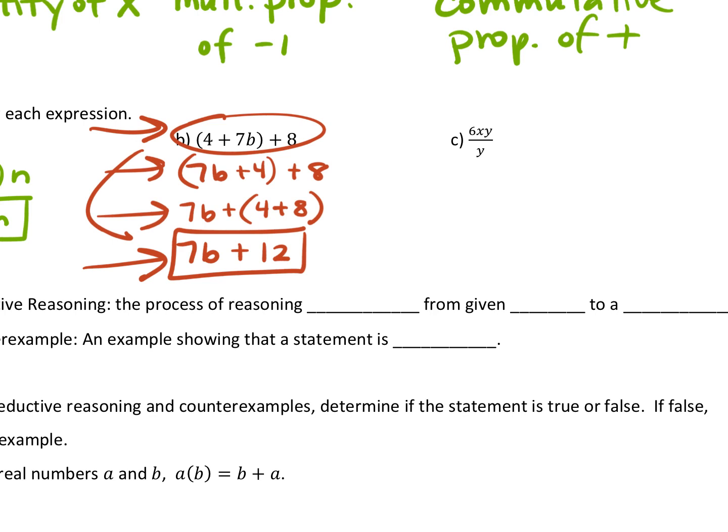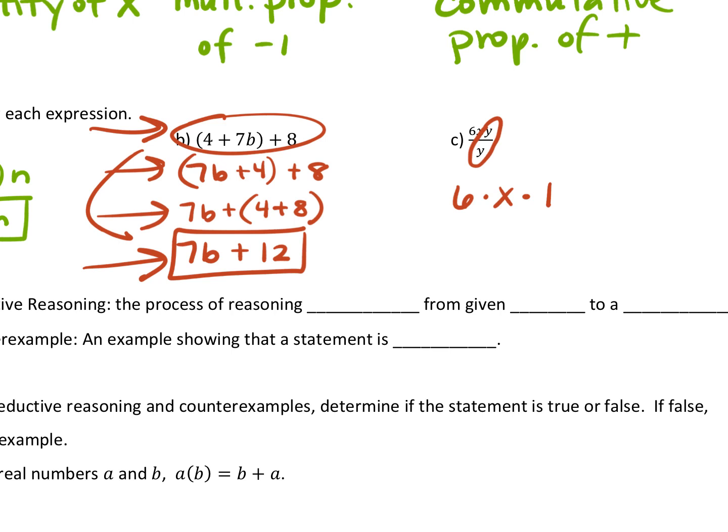Okay, letter C, this one. There's a few ways you could think about this. The way that I tend to think about it is y divided by y is what? Anything divided by itself is 1. So I think of this as 6 times x times 1.